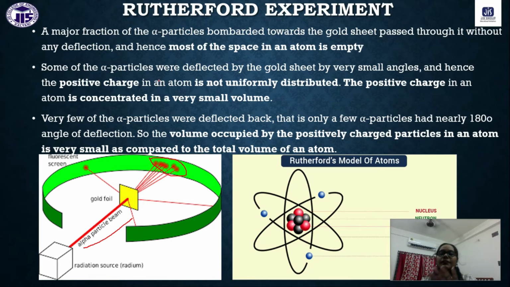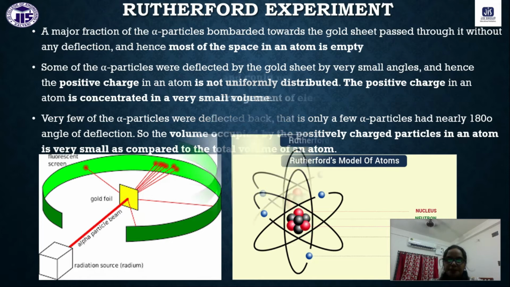From this he concluded that at the center of the atom there is a nucleus, a positive mass, and around that positive mass the electrons are revolving. These are some of the conclusions he made after his experiment.